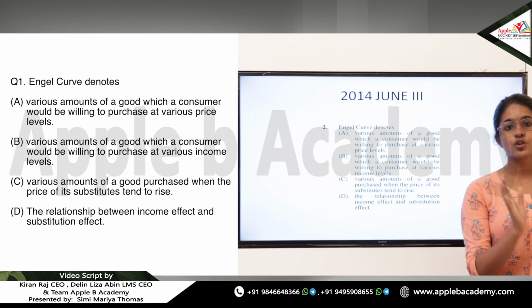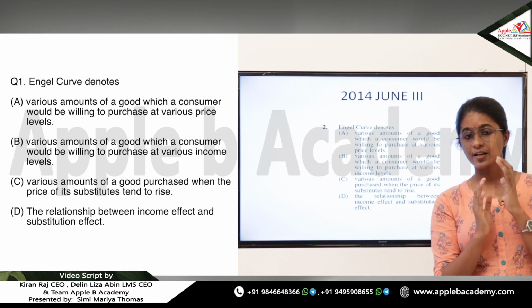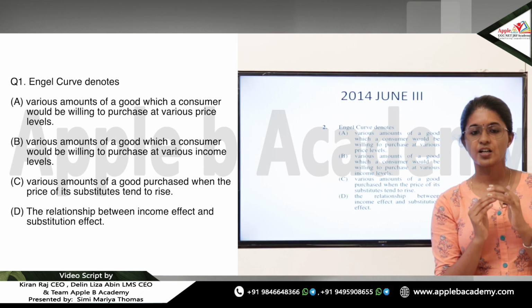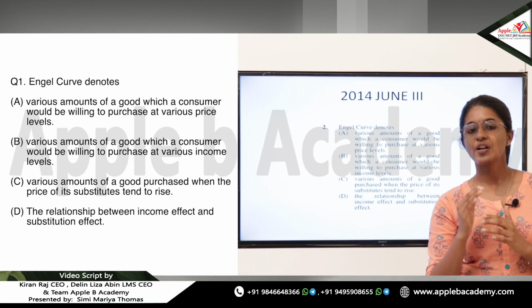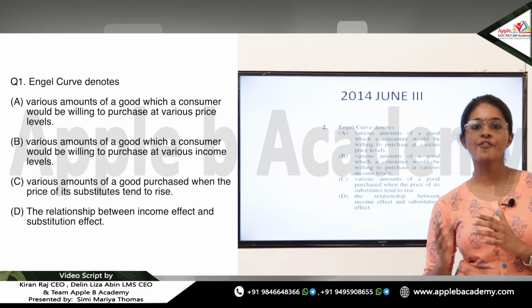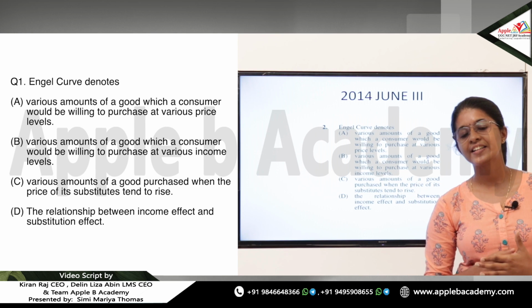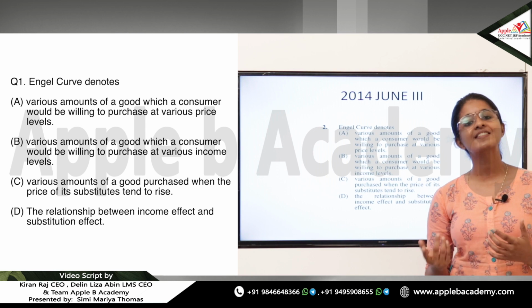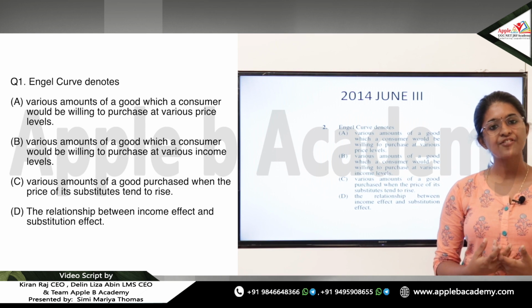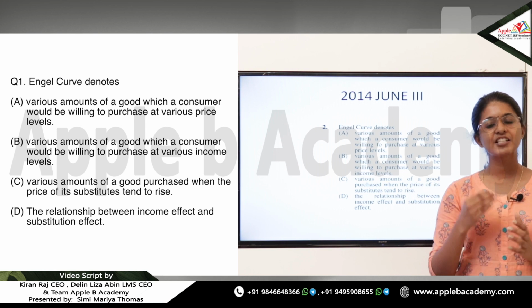Here, the Engel curve explains how income is allotted for the consumption of certain goods, that is, how increased income will change the consumption of certain goods. For normal goods, the Engel curve is upward sloping, denoting that increased income leads to increased consumption of the good. For inferior goods, the Engel curve is negatively sloped, meaning increased income leads to reduced consumption.